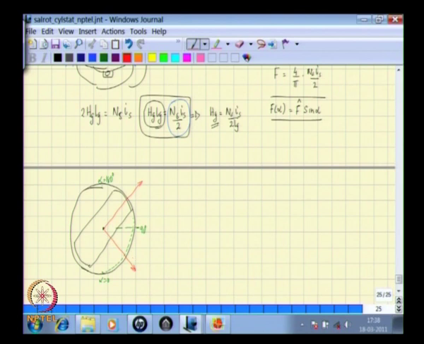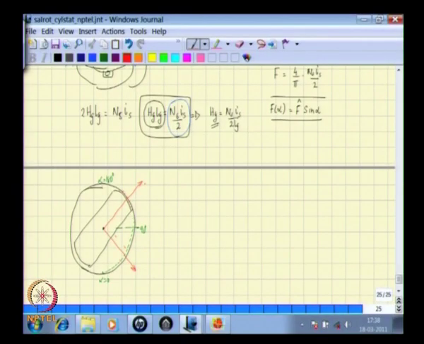Now if we do that, then this part of the MMF will always see a small air gap and this part of the MMF will always see a large air gap. That is in essence why we decided to have two air gaps that seem to be acting in the machine.